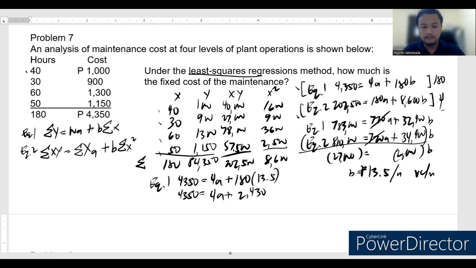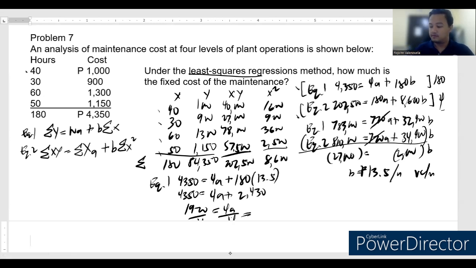Okay? So therefore, lagay natin sa kabilang side. 4,350 minus 2,430. You have 1,920. Okay, equals 4A. So over 4 divided by 4. You have 480.